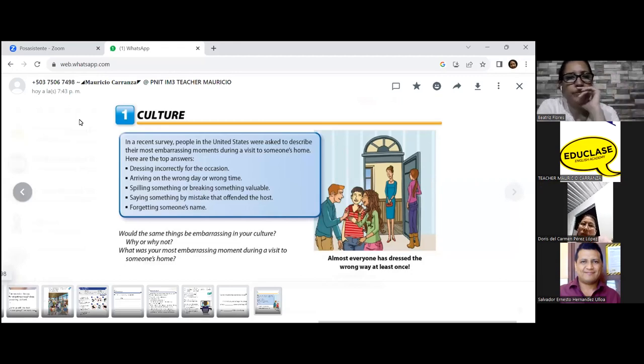I think it depends how she feels. I think no, dressing incorrectly for the occasion, yes, because maybe some people, when they go to a formal occasion, sometimes they were informal.